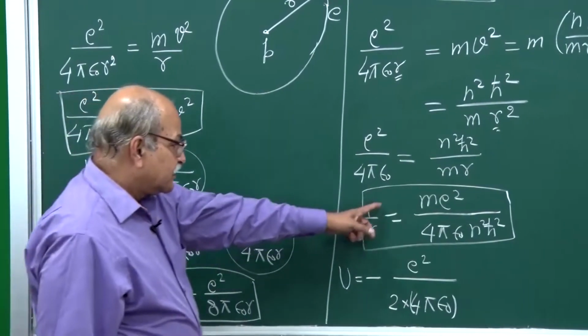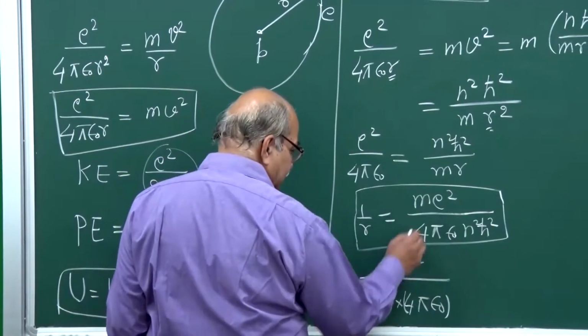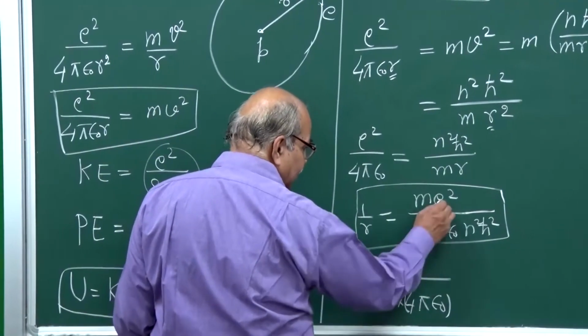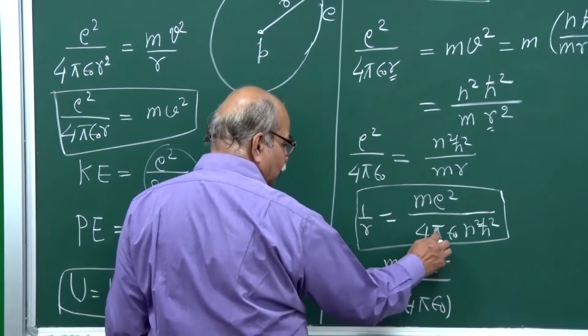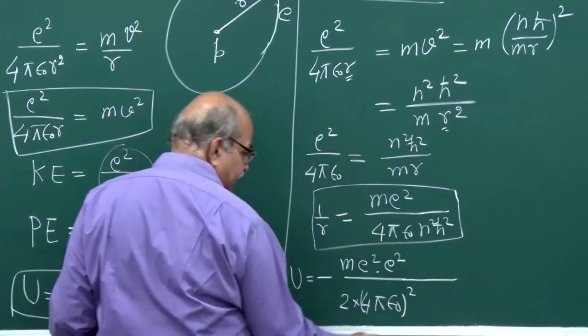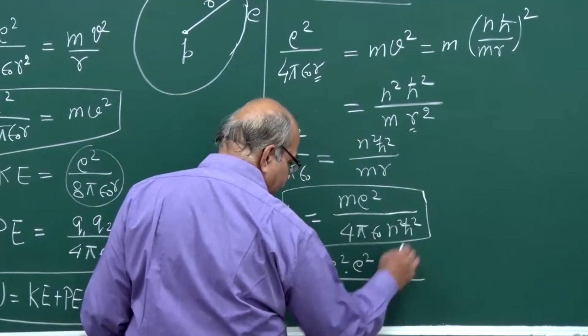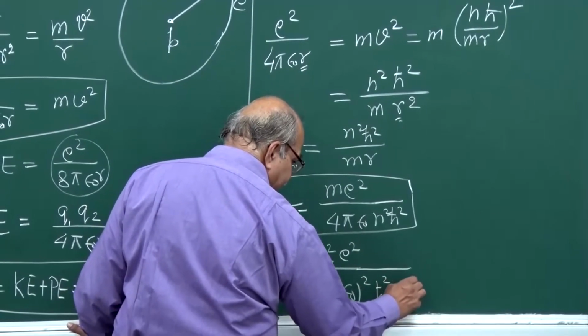Multiply it by m e square over 4 pi epsilon naught, so the square of this, and then n square h cross square.